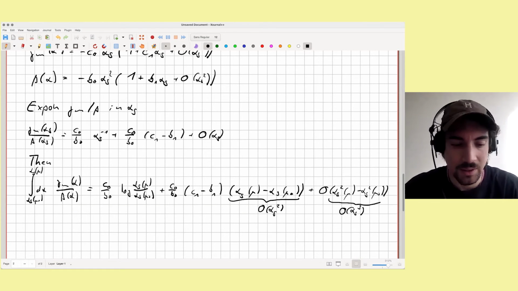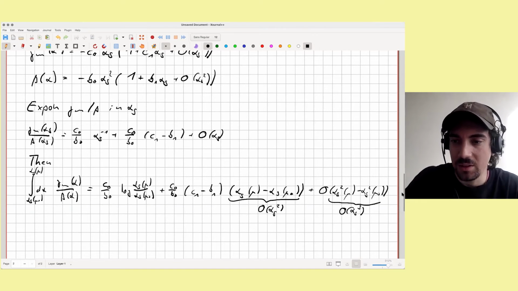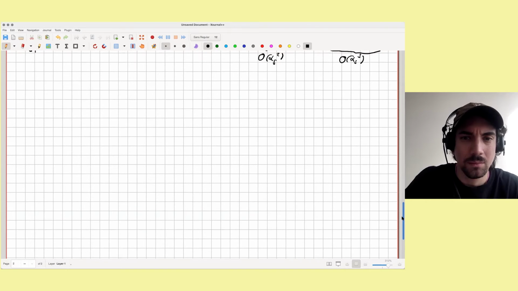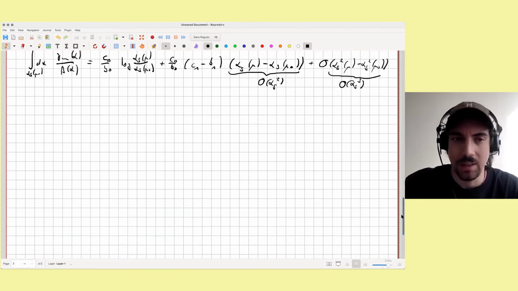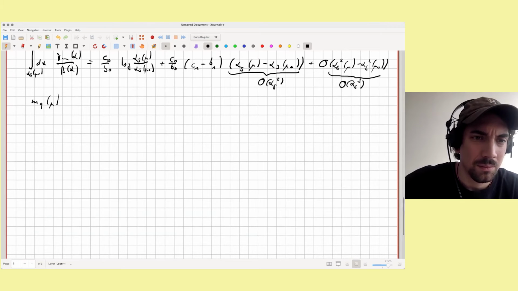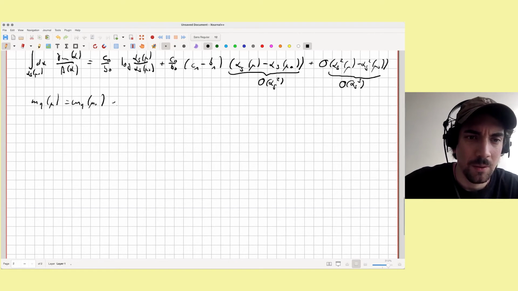So if we then use this, we can plug this into the expression that we had in the beginning, and get that the running mass of the quark can be written as the mass at the initial scale times the exponential of.